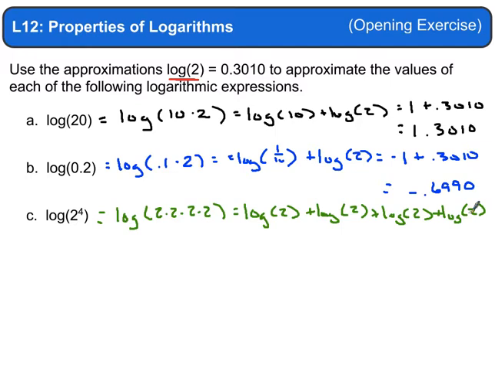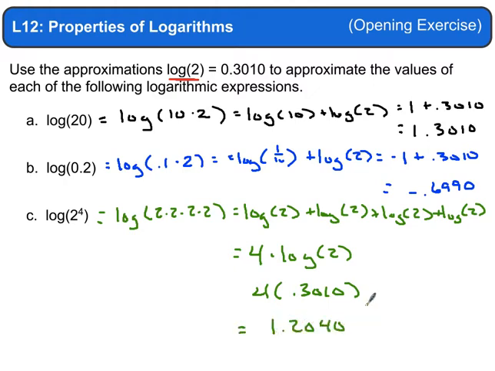This is emphasizing the log 2. Since we have 4 of them, it is like saying 4 times a single log 2. So it's 4 times 0.3010, and that ends up being approximately 1.2040.